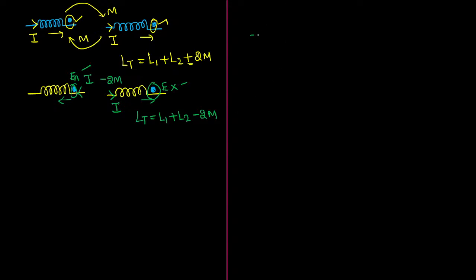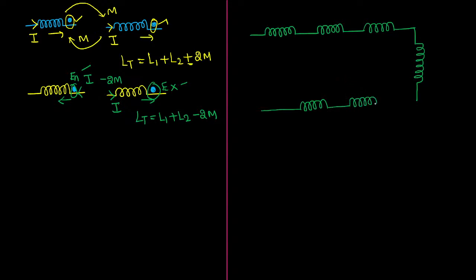Now, I'm just asking you a question here. Let us take one coil here, connected in series with one more coil, and that is connected in series with one more coil, and again one more coil. This is your examination question. And they have connected one more inductor also.